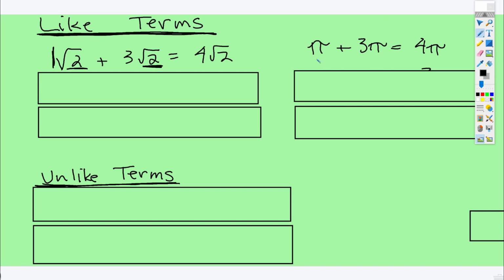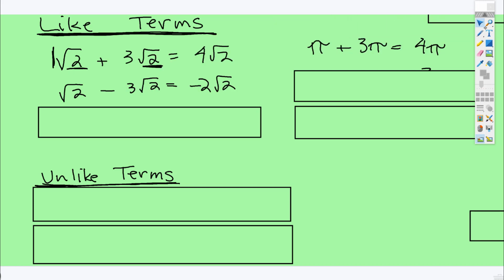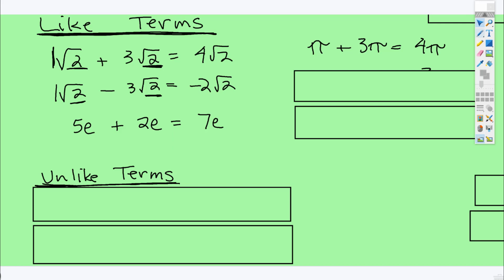And for pi, 1 pi plus 3 pi equals 4 pi. If we were to subtract, because they are both root 2's, you could perform subtraction. 1 root 2 subtract 3 root 2 is negative 2 root 2. If we were adding the e's, 5e plus 2e is equal to 7e.